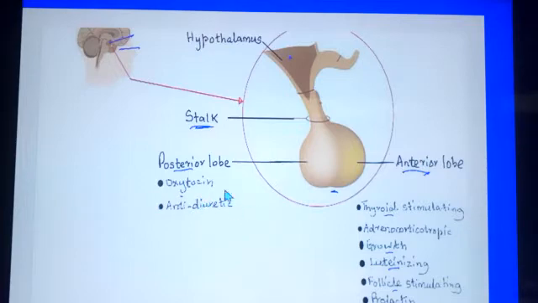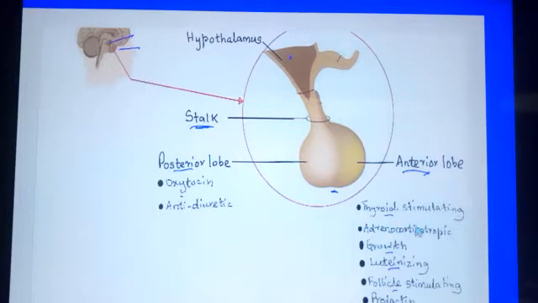Remember, oxytocin is for muscular contraction during birth, and antidiuretic hormone stimulates the selective reabsorption of water back to the bloodstream in the kidney. Now, the anterior lobe secretes the thyroid stimulating hormone, TSH.